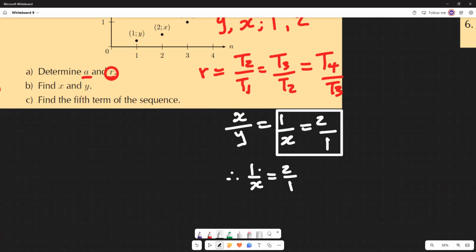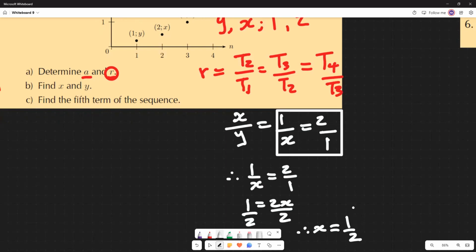Then I cross multiply: 1 times 1 is 1, and this times that gives me 2x. Then we divide both sides by 2, and you can see that x equals half. So the x value is half.